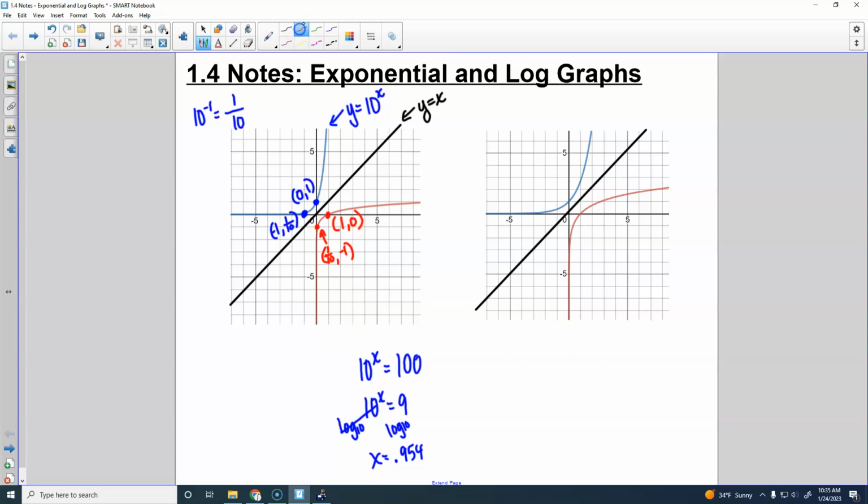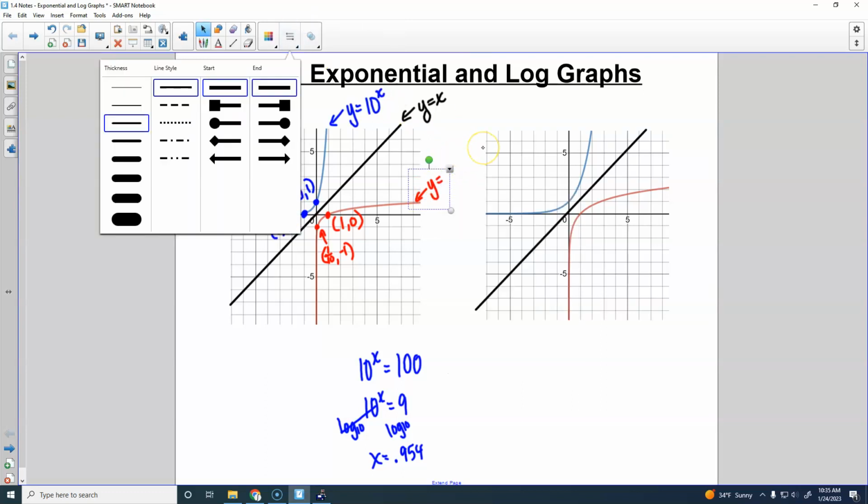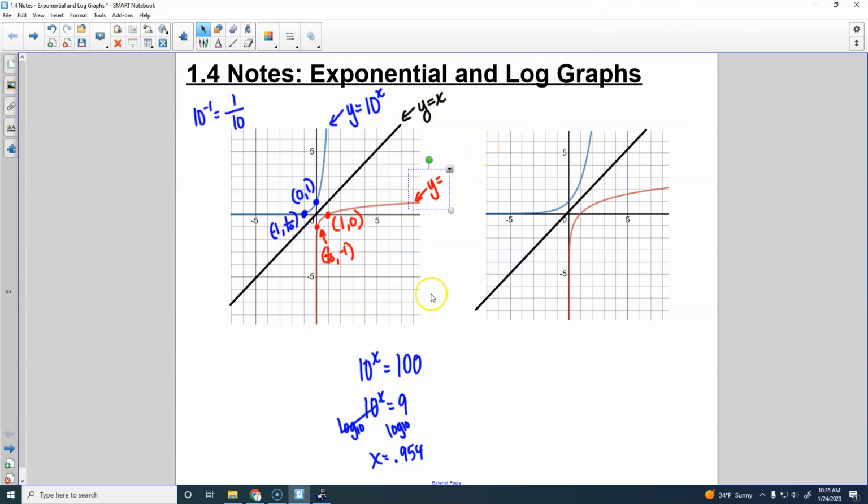This red graph here is y equals log of x. Yes, base 10 is understood. The blue graph over here, I just wanted to show you a couple of these.